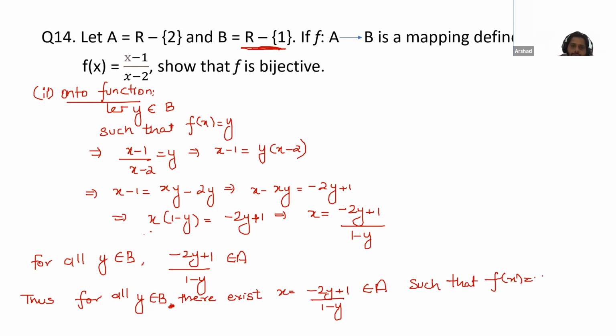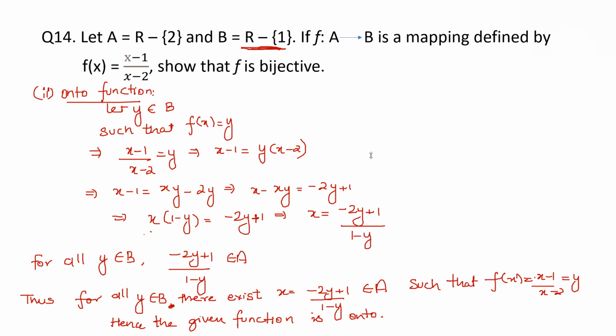Sorry, f(x) is equal to (x minus 1) by (x minus 2) is equal to y. Hence the given function is onto. So please note this down, raise your hand once it is done. Then only 2 questions are left. We will complete those 2 questions.